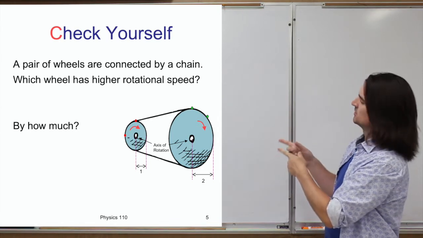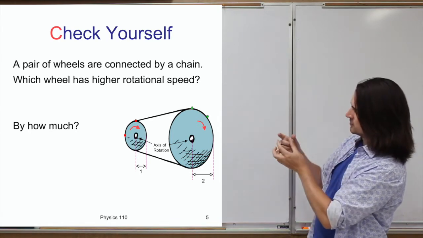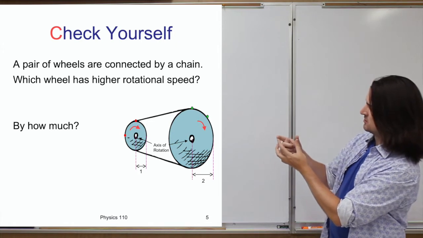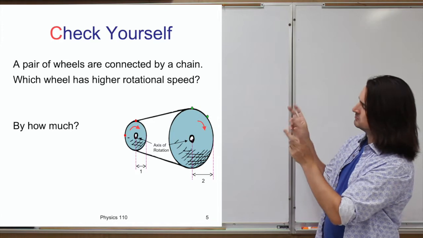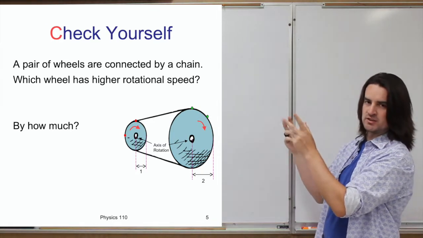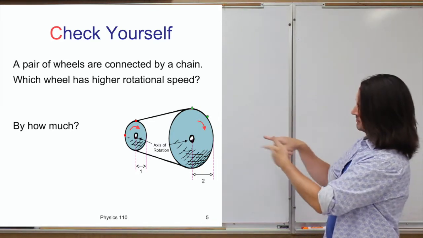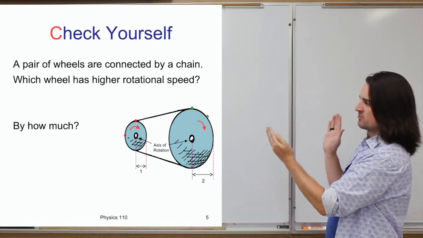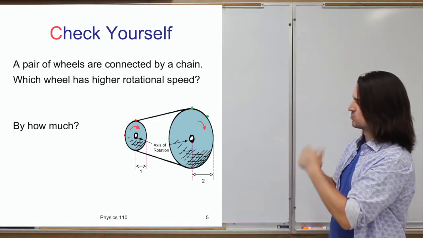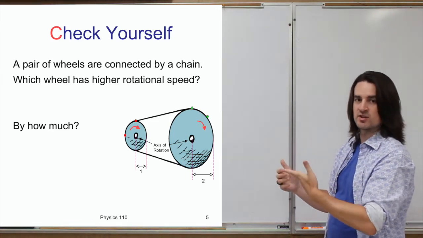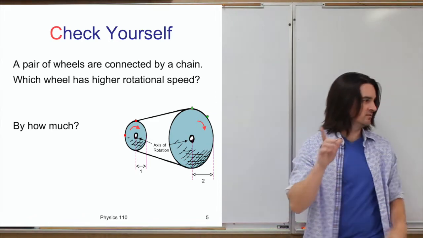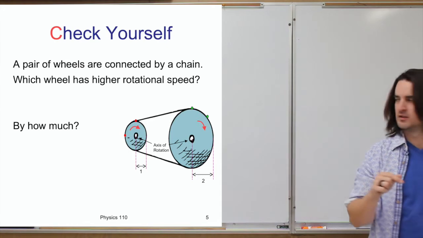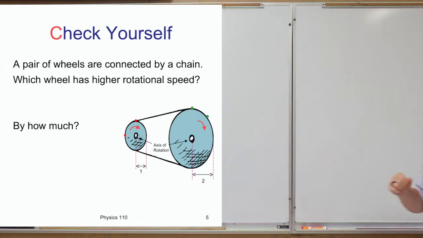I think it's meant to be that the radius, or the distance to the edge of these gears, is, say, 1, whatever unit you want, meter, inch, and then 2. So the bigger wheel has twice the radius as the smaller wheel, so twice the radius means also twice the circumference. Take a second and try to answer that, and we'll come back to it.